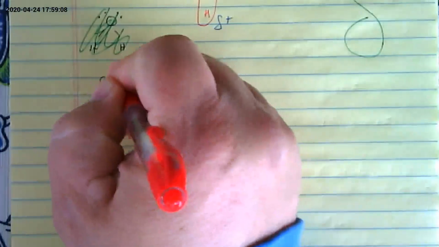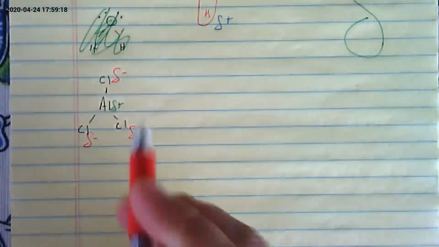So all these chlorines will be partially negative, while the aluminum in the middle will be partially positive because the electrons are being pulled away from it. So even though the bonds in between the aluminum and the chlorine are very polar, if you step back and look at the molecule as a whole, is this equally distributed? And the answer is yes. So again, this is a non-polar molecule.